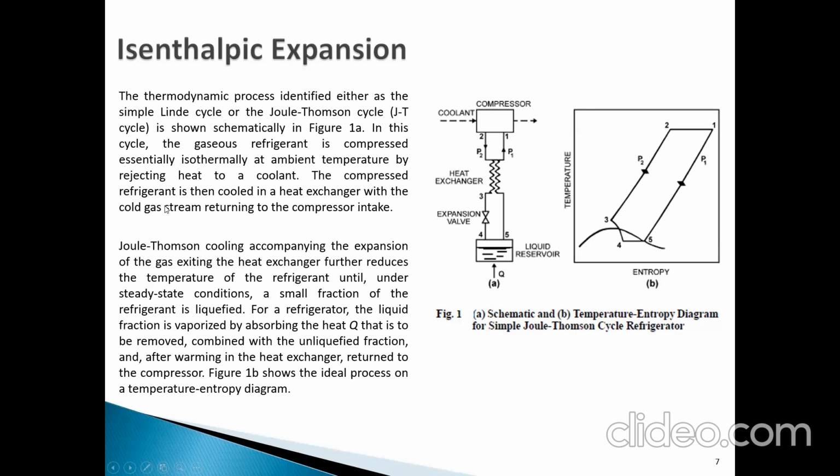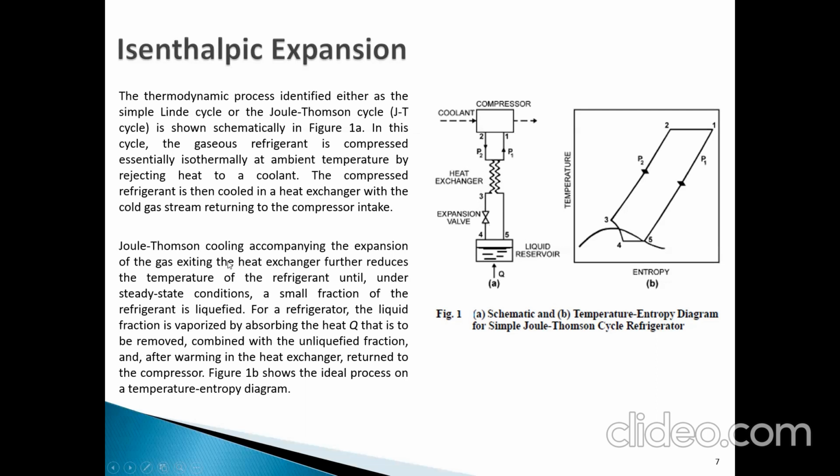The compressed refrigerant is then cooled in a heat exchanger with the cold gas stream returning to the compressor intake. So the cold gas goes back there, so it is a heat exchanger, right?